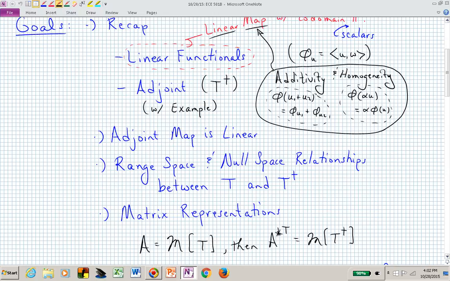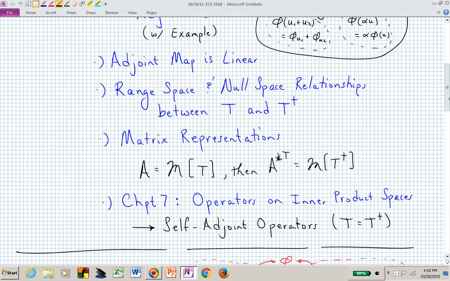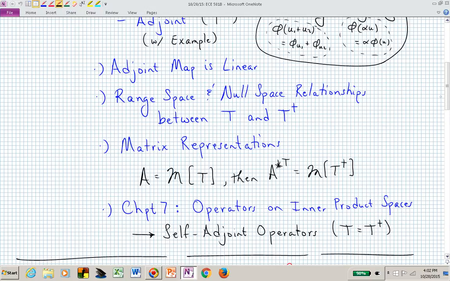We will talk about the relationships between range space and null space for these two different maps, the linear map T and the linear map T's adjoint, or T dagger. And there is a relationship between range space, null space, and orthogonal complements to those appropriate spaces, and we'll look at that.